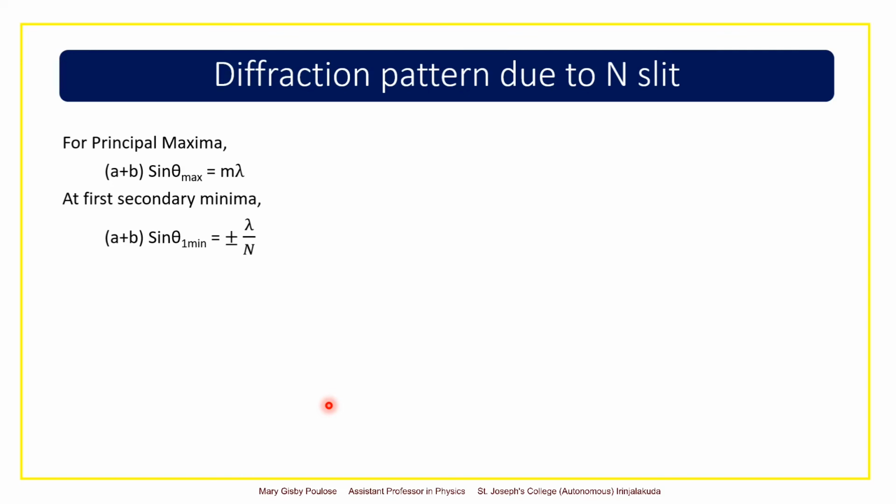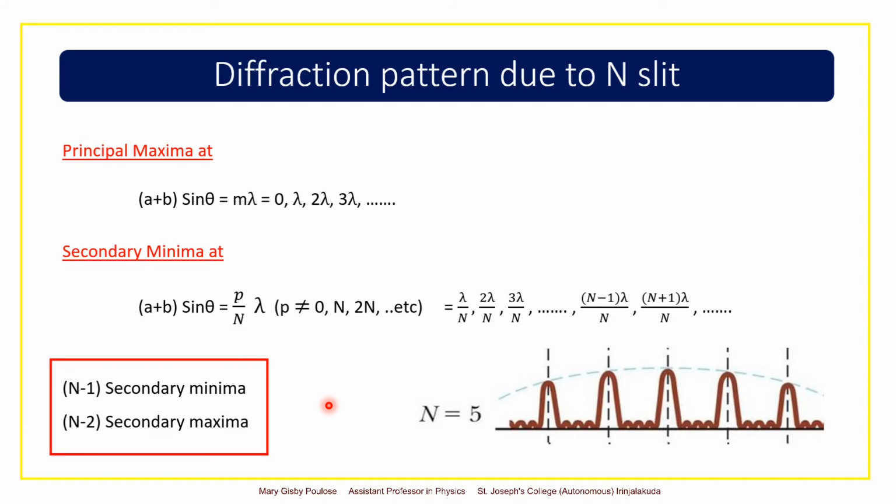Here the path difference will be (A plus B) sine theta 1 minimum is equal to plus or minus lambda by n. These two expressions are obtained from the earlier derivation. Here the expression for principal maxima is taken and the expression for secondary minimum when p is equal to 1 is taken.